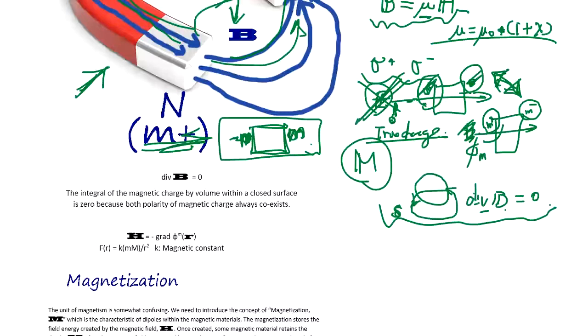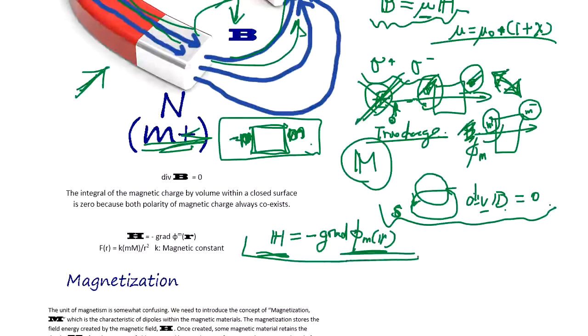Now, in the same way, the magnetic field generated by this magnetic charge is the negative gradient of the magnetic potential. So magnetic field is also related to magnetic potential. You have electric field and electric potential, and magnetic field and magnetic potential.